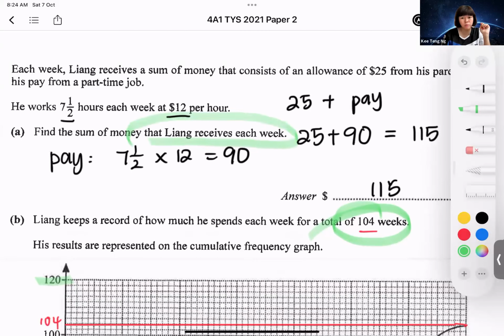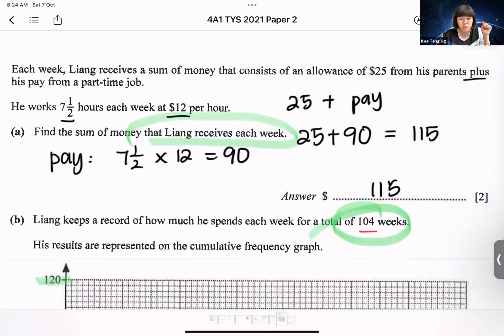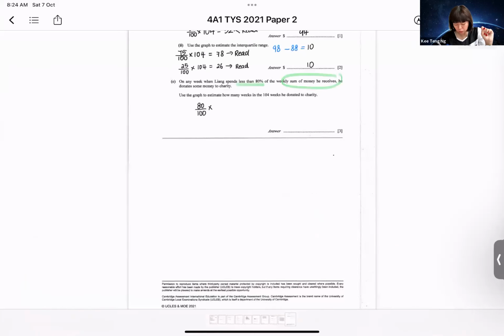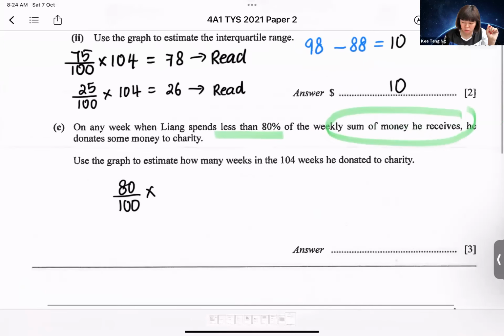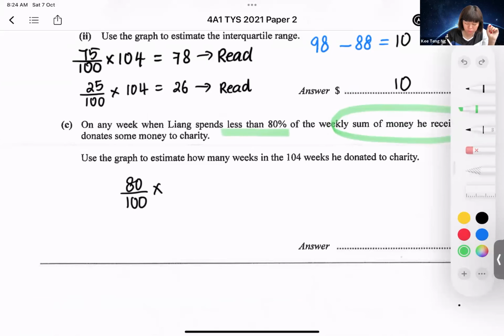The sum of money is 115. So the question is actually linked together. So the sum of money he received will be 115. Then 80% times 115 gives me the number 92.